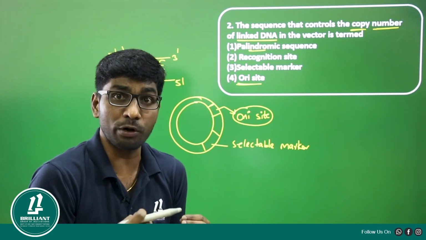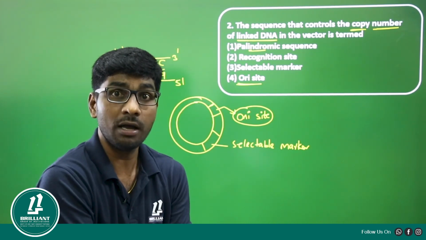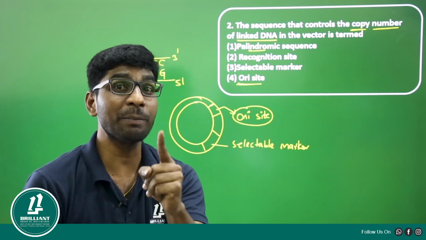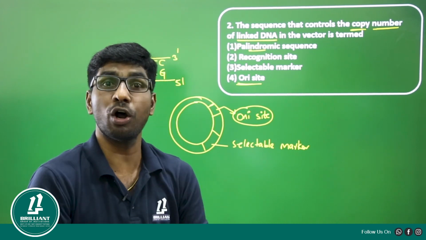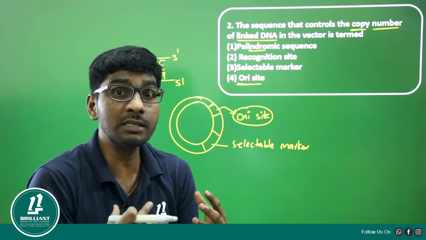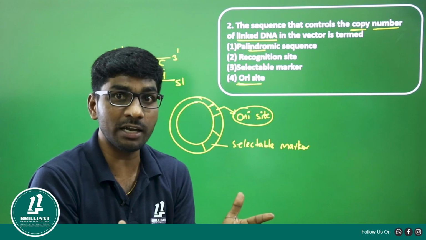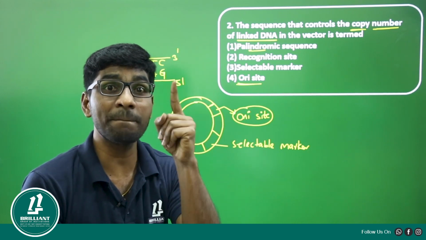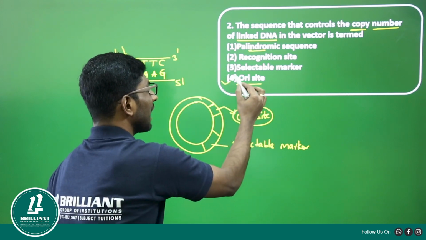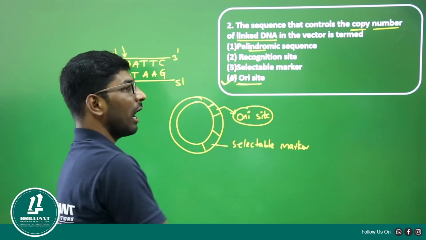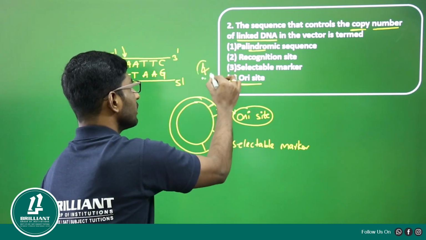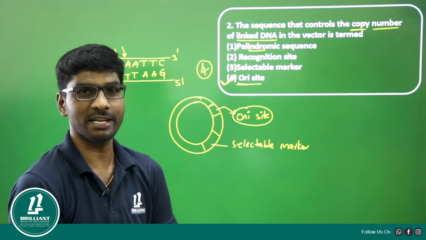Whatever gene or fragment we insert into the vector, that DNA is going to be copied from this particular region, called the ORI site. So the number of copies of linked DNA increases in the medium from the particular site of the plasmid called the ORI site. So the correct answer to this question is the ORI site. Answer is 4, the correct answer.